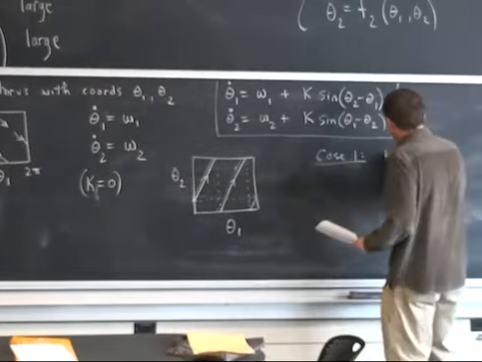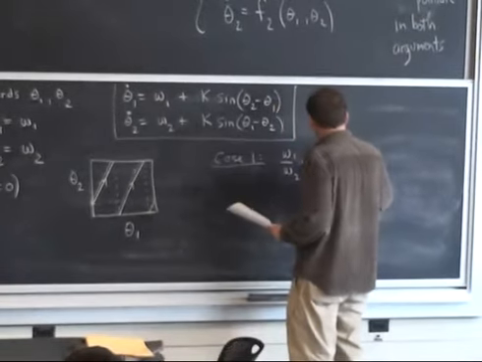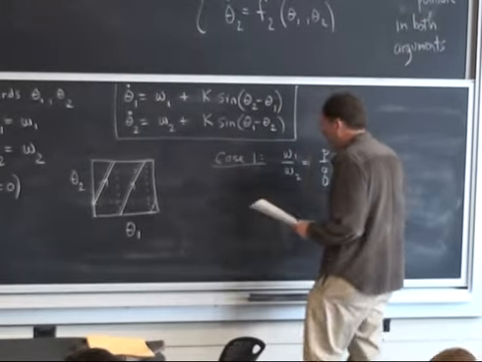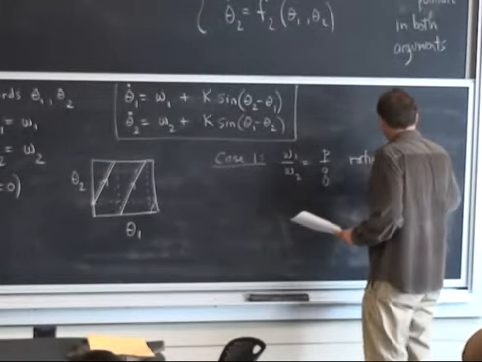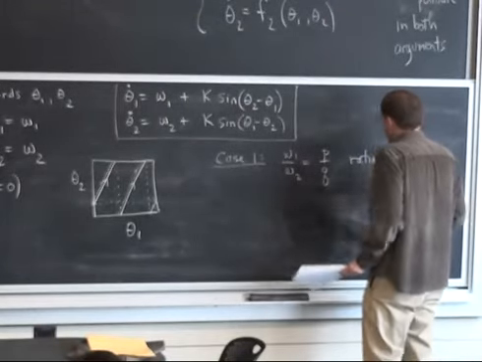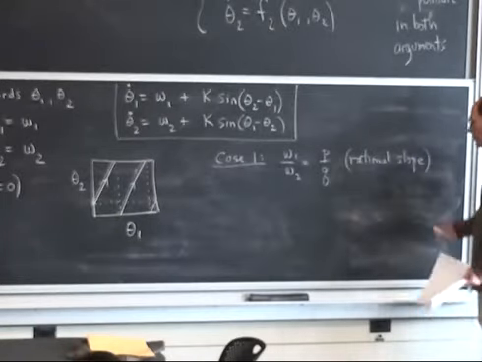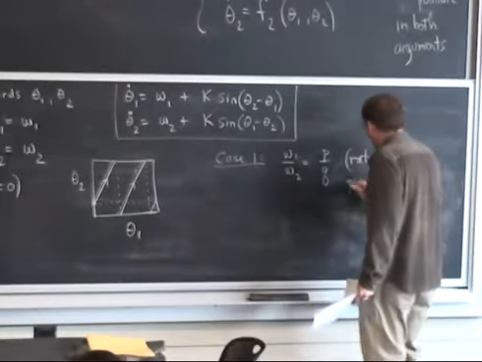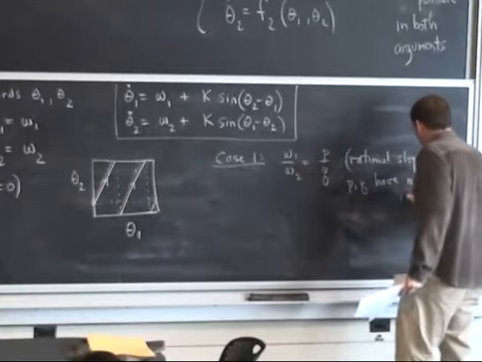So let's look at that case. Suppose omega 1 over omega 2 is of the form p over q for some integers p and q. So we have a rational slope. Then, for simplicity, let's suppose that p and q have no common factors. If they do, just divide them out.